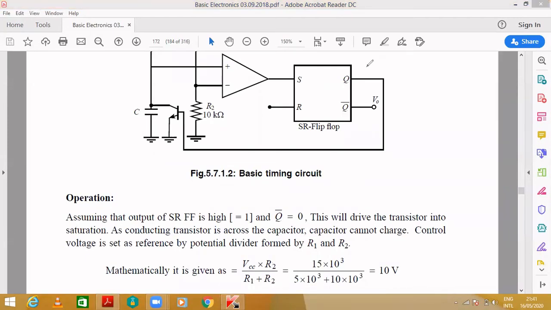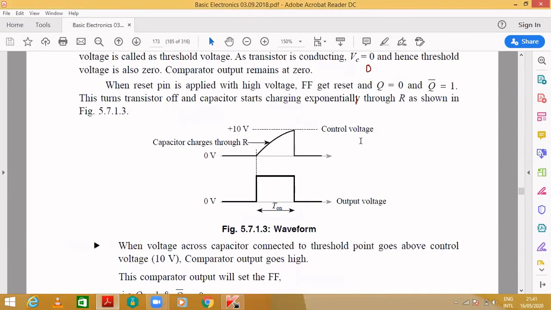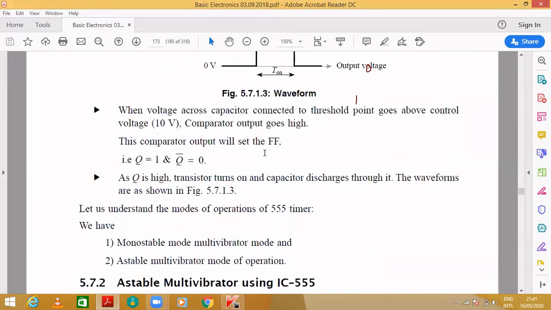When Q is 0 and Q bar is 1, only then does your capacitor start charging. That is what we showed here, and you can observe it in the waveform. Whenever the capacitor starts charging, the output will be 1. Only when the output of the flip-flop is on, with Q bar as 1, does your capacitor start charging. So this is about the basic timing circuit.